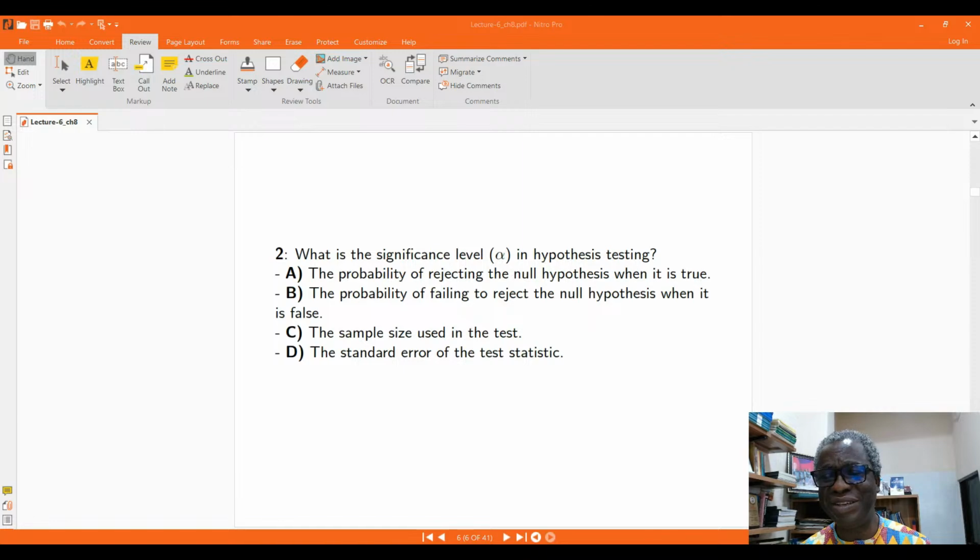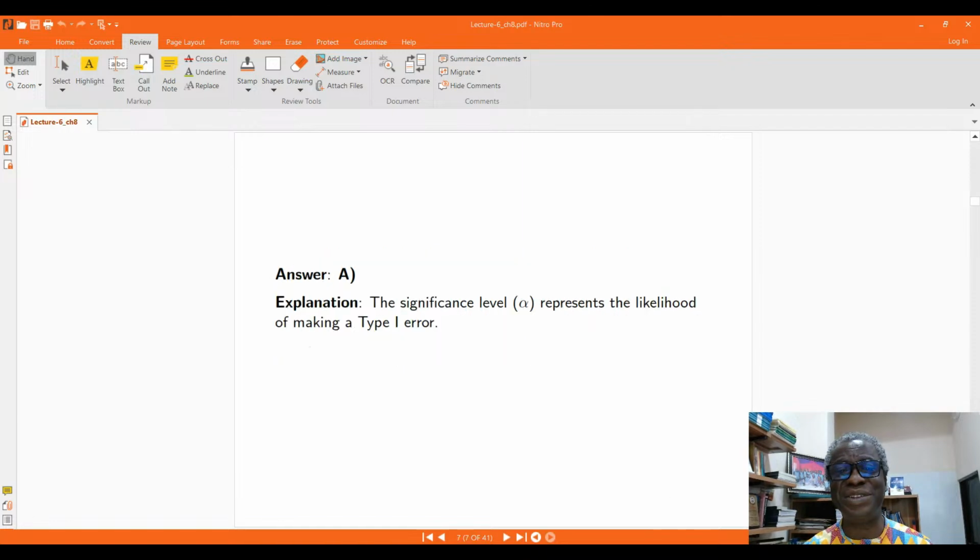So let's see what the correct option is. It is A. Quite a lot of you got that correctly. The significance level, which is alpha, is the probability of committing a type 1 error, in other words, the likelihood of making a type 1 error.